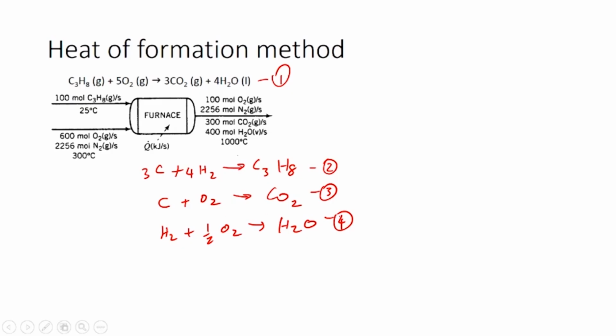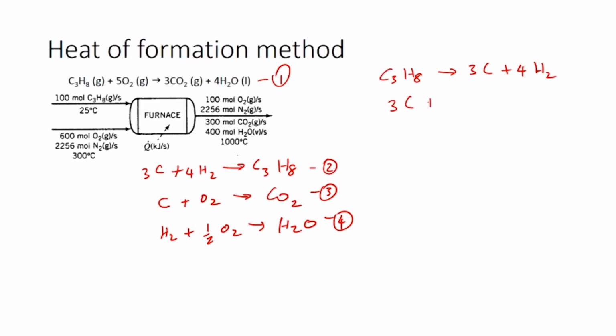What about the fourth equation? What you see is 4 moles of water being produced and here it is only 1 mole of water produced. So, let us multiply equation 4 by 4 and then we would get the 4 moles of liquid water being formed. If we were to do this, what you end up with is C3H8, the reverse of this reaction, gives 3C plus 4H2, and you have multiplied the third equation by 3.